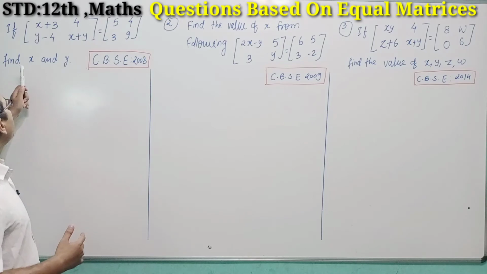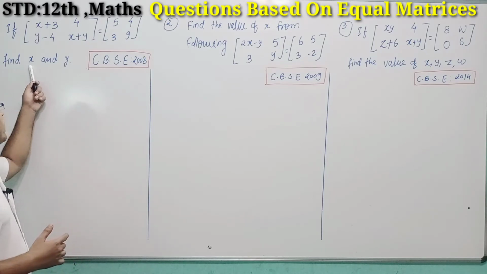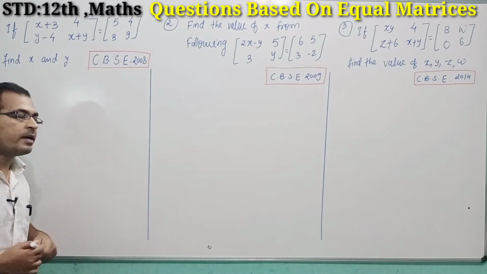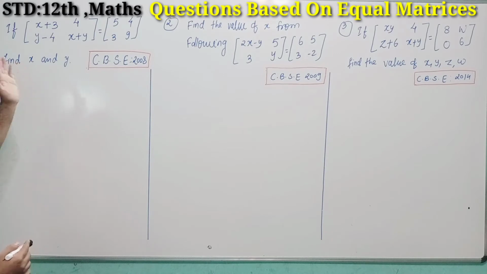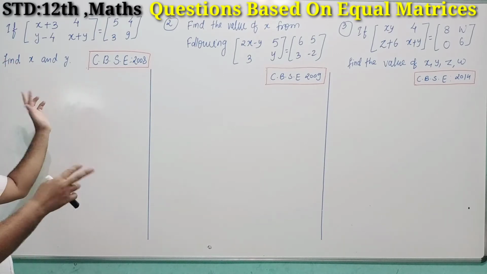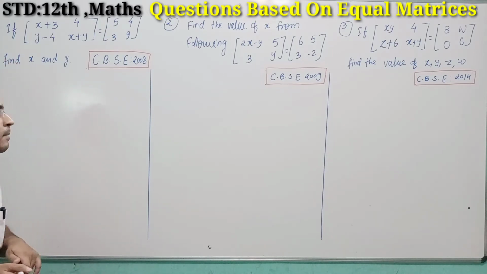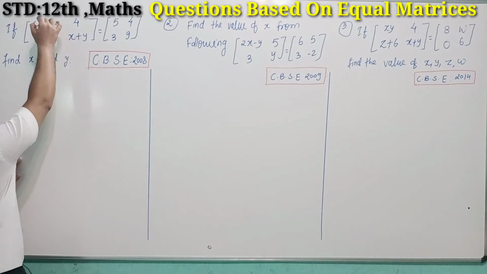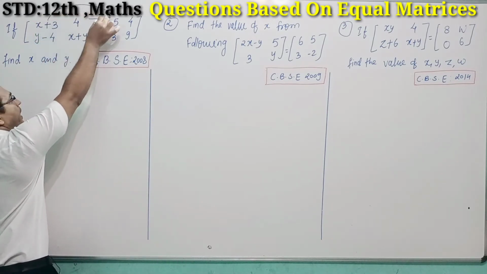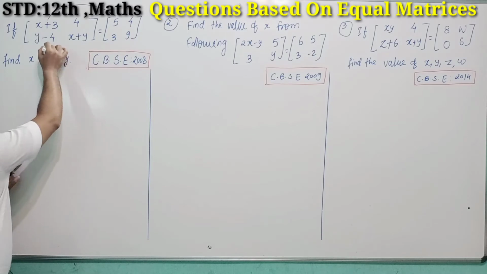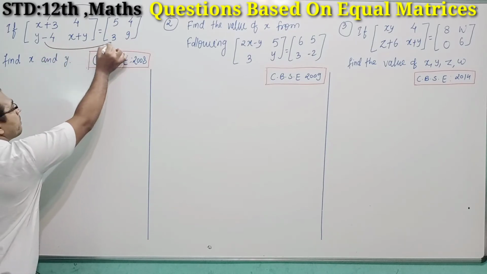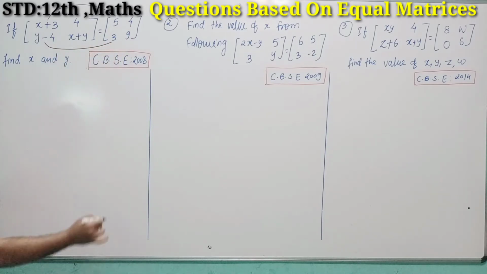What we have to find is x and y. In equal matrices, the corresponding elements are comparable. So here x plus 3 can be compared with 5 and y minus 4 can be compared with 3.